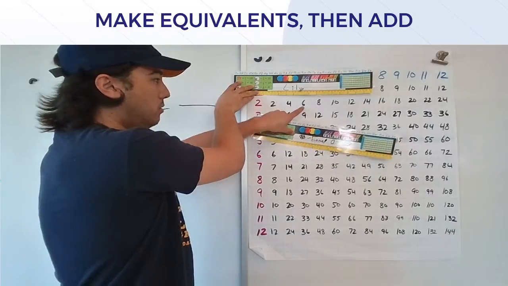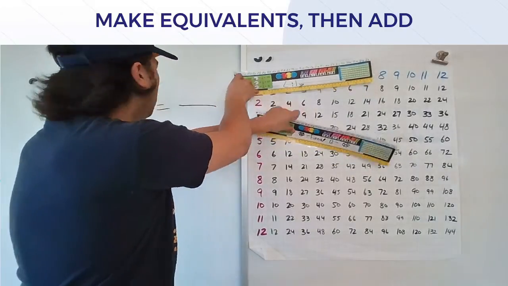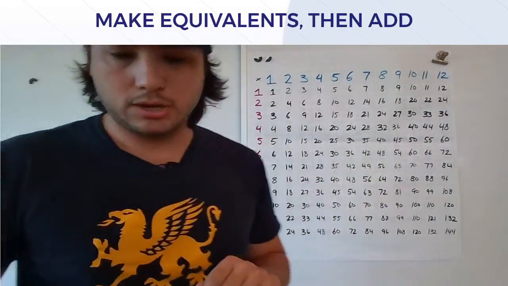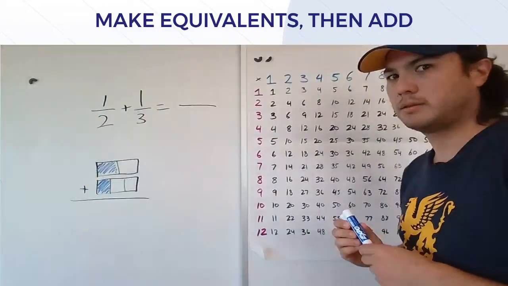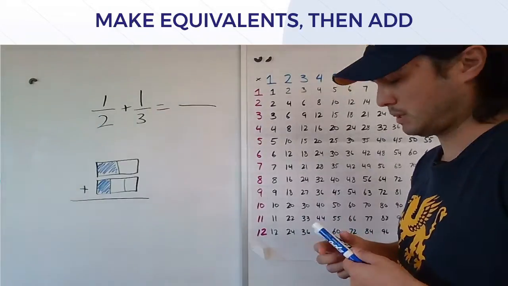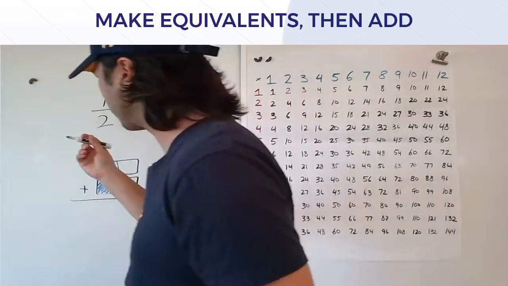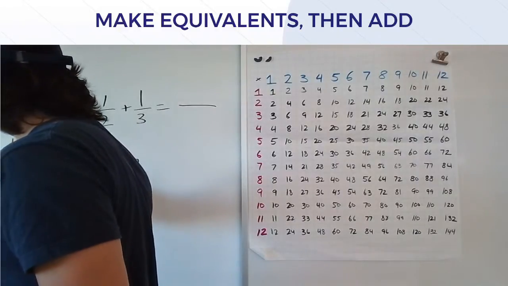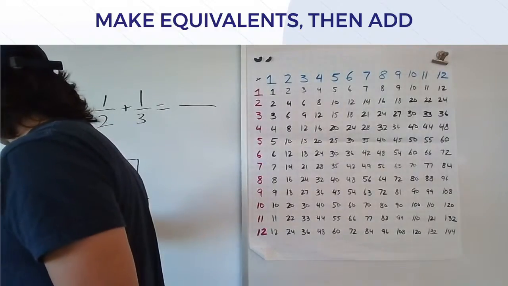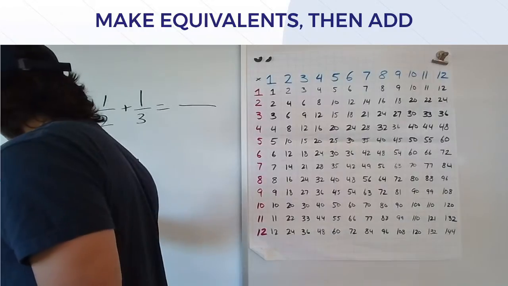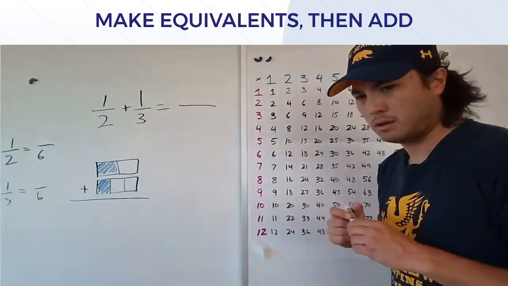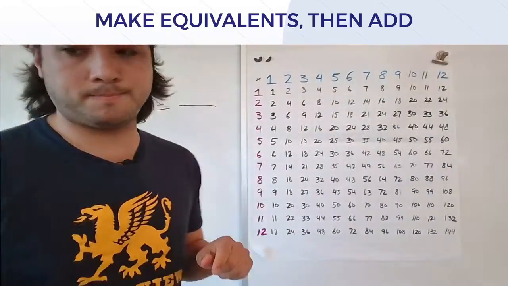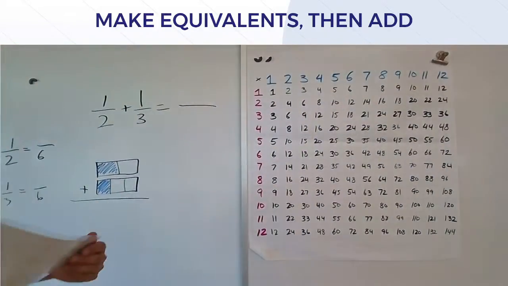So I know that I can use equivalence of 1 to make both of these fractions into sixths. But how do I do that? I need to know 1/2 equals how many sixths? I need to know 1/3 equals how many sixths? And I can use multiplication for that, certainly. I can also use my multiplication chart.